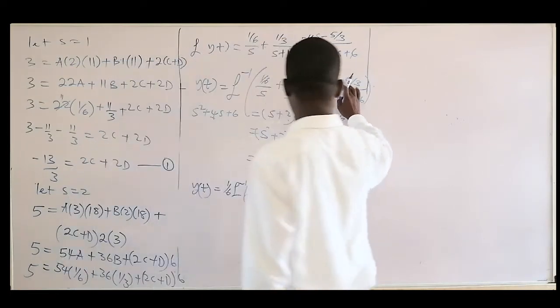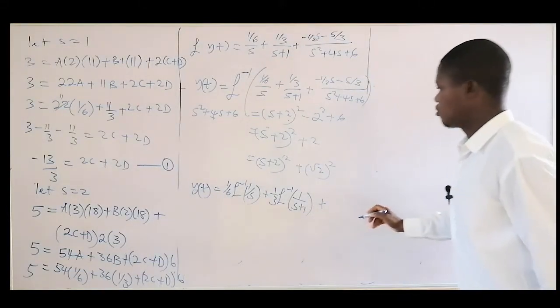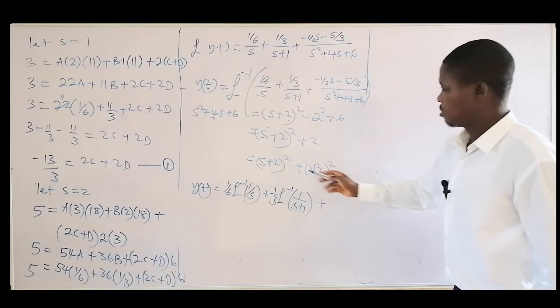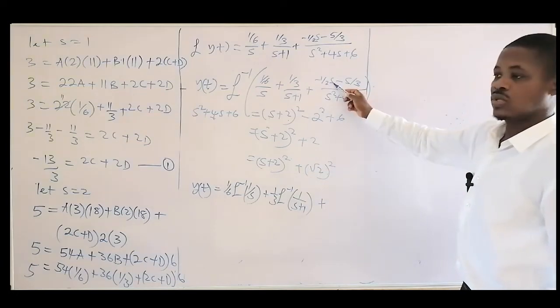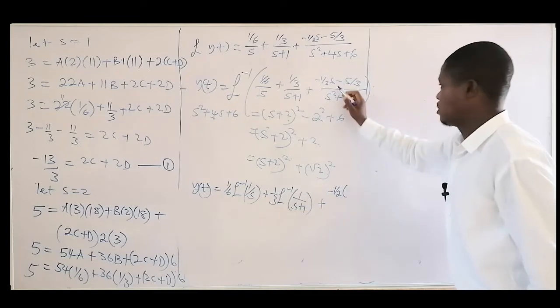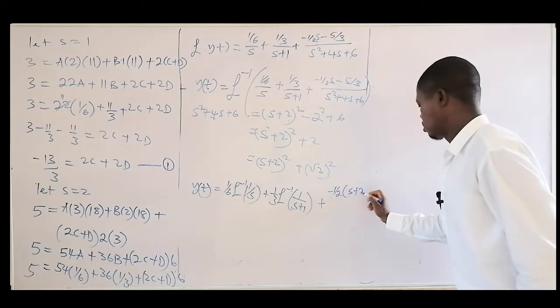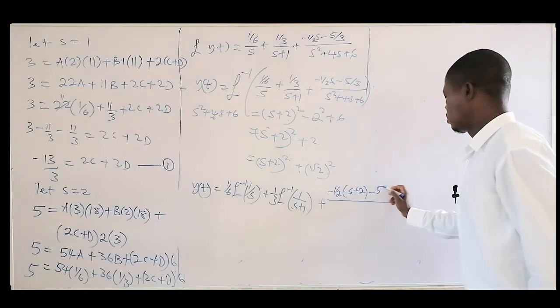Then here we're going to do something, since look at what we have here, s plus 2 plus this, and you have a single s there, so we can just do like this, minus half into bracket. Anywhere you see your s, put s plus 2 there, all over, and then minus 5 over 3.